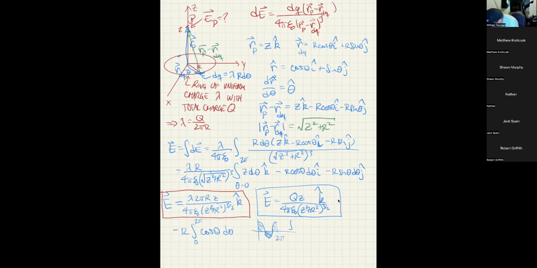So the integral equals 0. Similarly, negative R integral 0 to 2 pi of sine theta d theta. We know that the sine graph looks like this. And this area right here is exactly equal to this area. So the integral is 0. So that's another way of doing it.